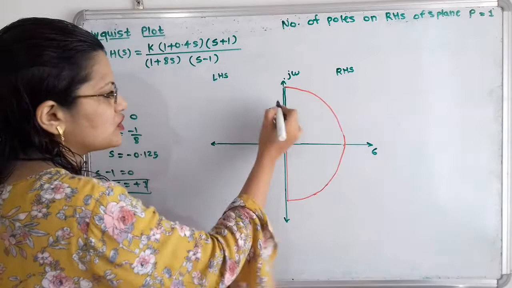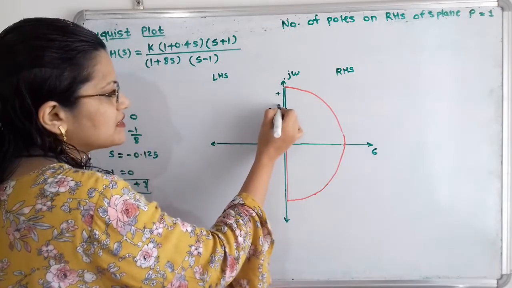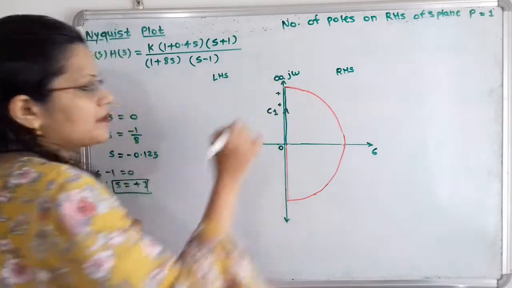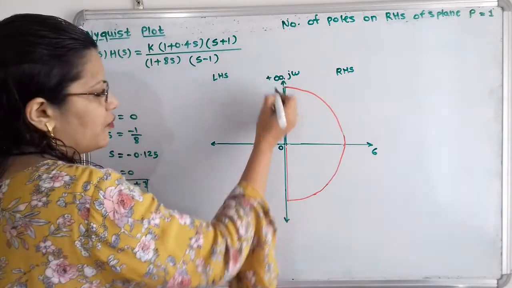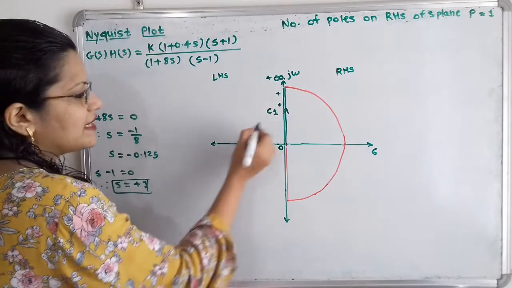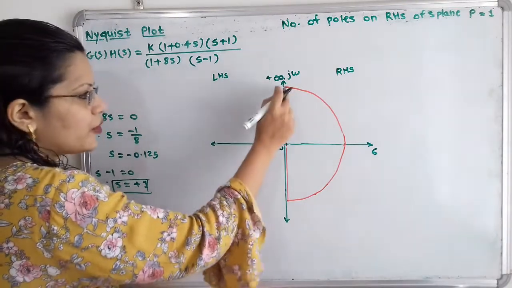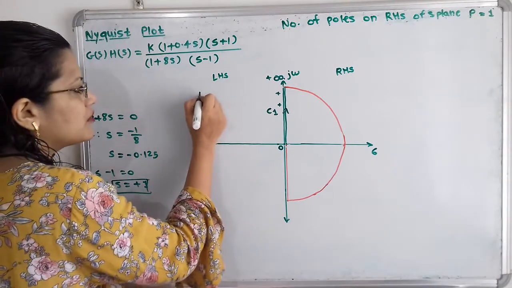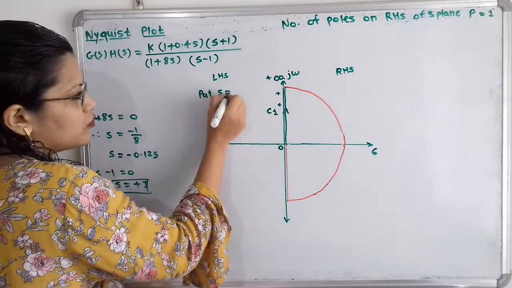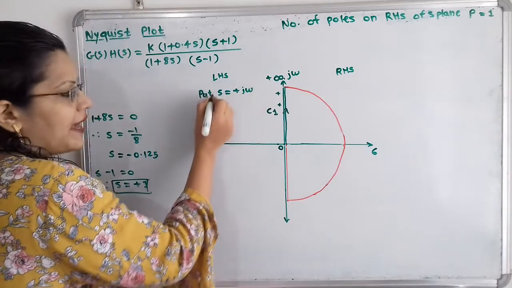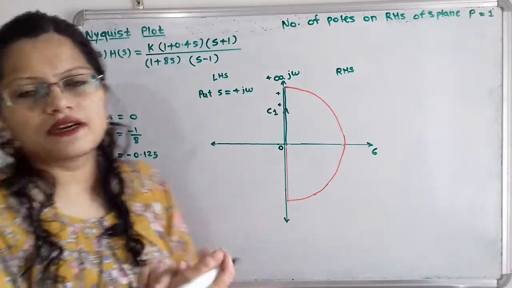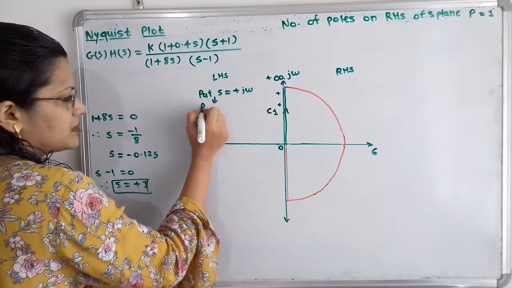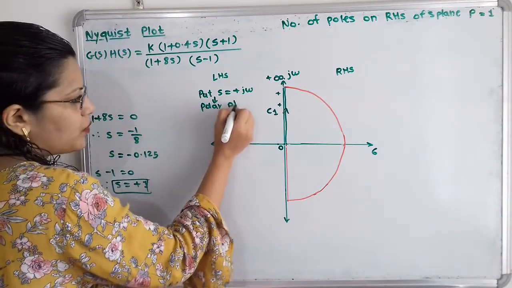For this imaginary axis, all the numbers have a plus sign, and the final number is plus infinity. So for the mapping of this section C1, we have to put s is equal to plus j omega, and whenever s is equal to plus j omega, this plot is known as the polar plot.